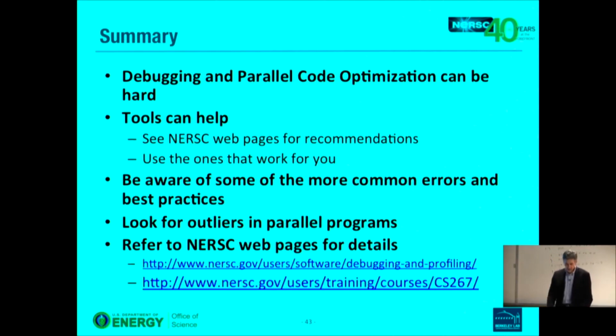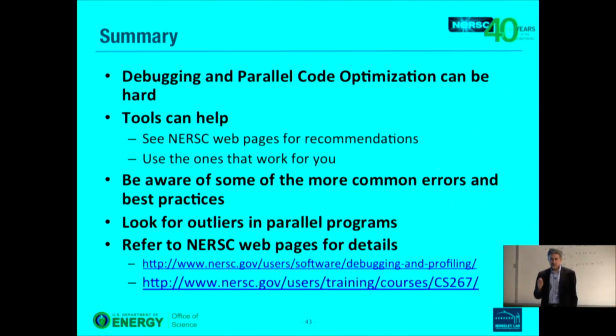So in summary, debugging in parallel and parallel code optimization can be really hard. The tools can help. Go to the NERSC web pages. There's one listed at the bottom here in particular that has a list of all the tools we have available. Check them out. Try them all. Use the ones that work for you.